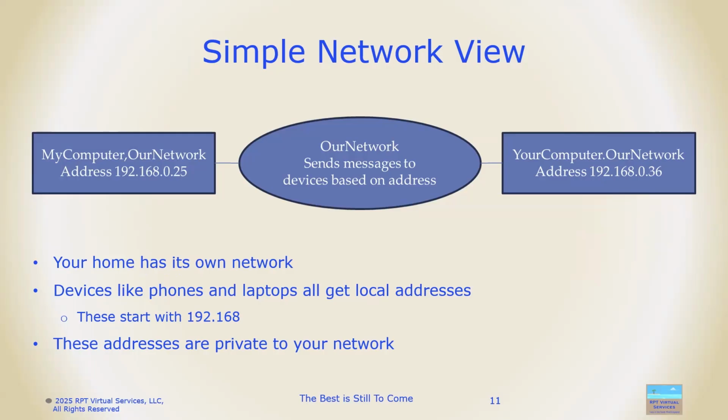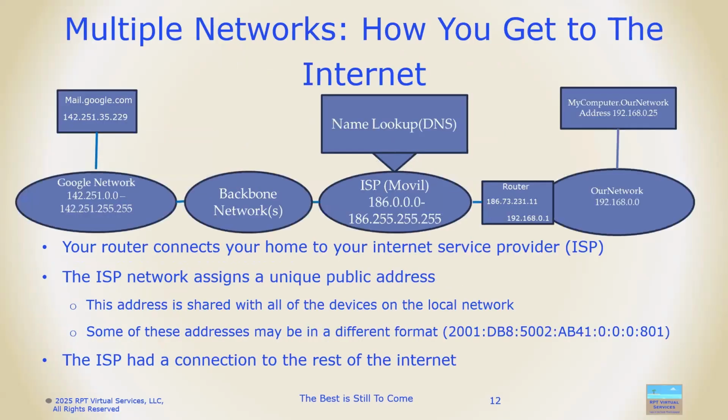This is how they originally got around the fact that they were running out of IPv4 addresses: they each were private. Each of us started building private networks, and the router had to do the translation. So when you're on the internet, your network, or our network as it's written here, has a router, and the router has two addresses.